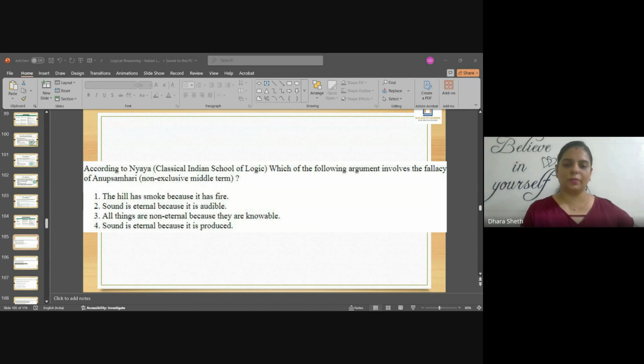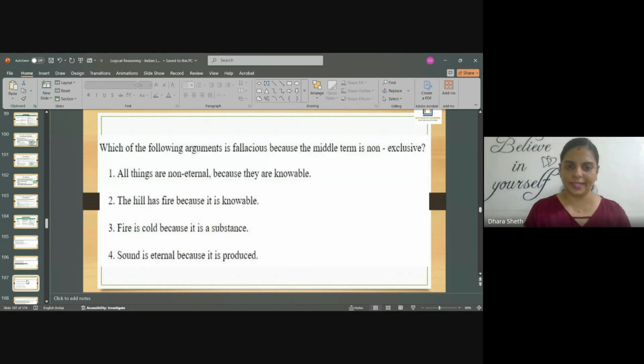The answer is 3. All things are non-eternal because they are knowable. Now see here, the middle term, knowable, is non-exclusive, all inclusive or all pervasive, and the minor term, all things, is there. So this is Anupasamhari.